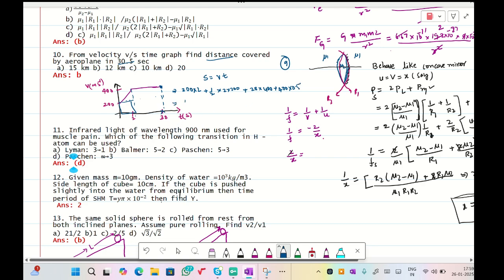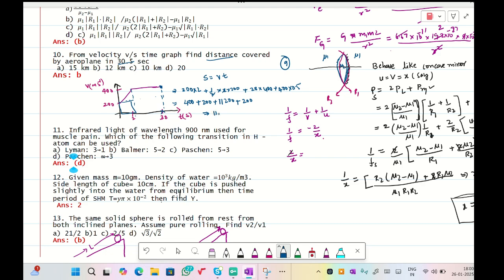So that is 400 plus 200 plus 11,200, right?